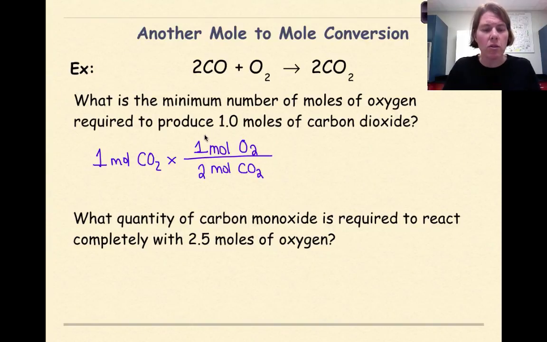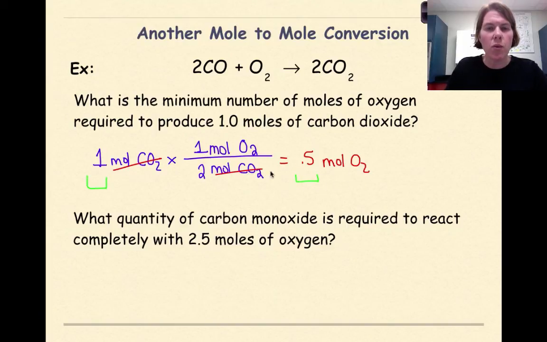So be careful, just as a warning. Moles of CO2 cancel moles of CO2. 1 times 1 divided by 2 will give me 0.5 moles of O2. 1 significant figure to start with, 1 significant figure to end with. Everything checks out. Let's look at this last example.